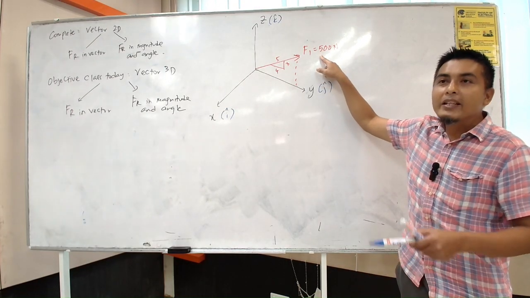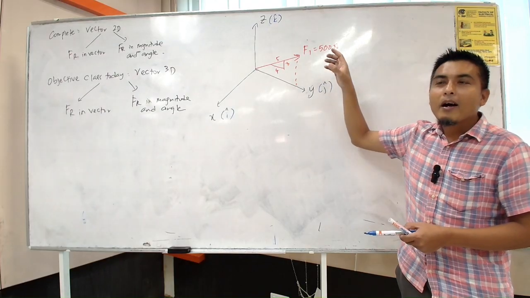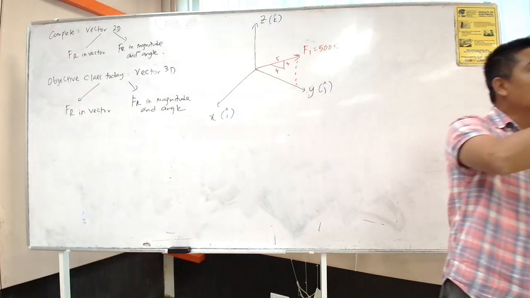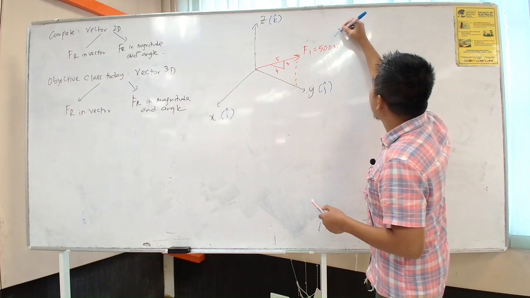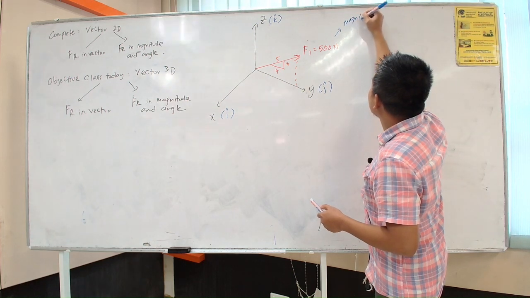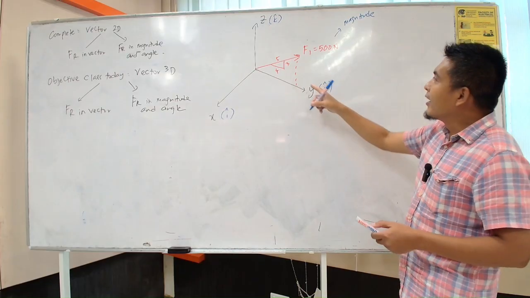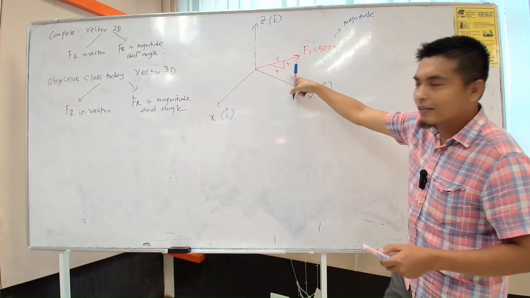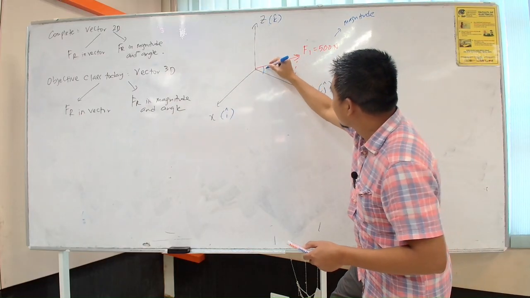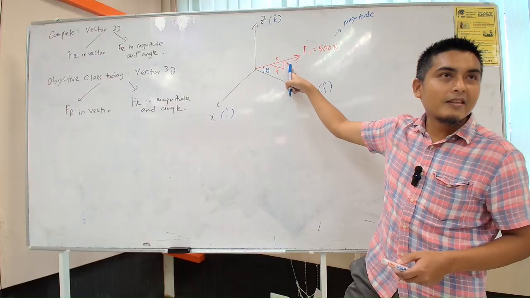F1 right now, what is the form of F1? Because you learn two forms, right? Magnitude, because this is the form of magnitude. Can you find the angle? Yes, you can find the angle. What is the angle here? Can anyone calculate?